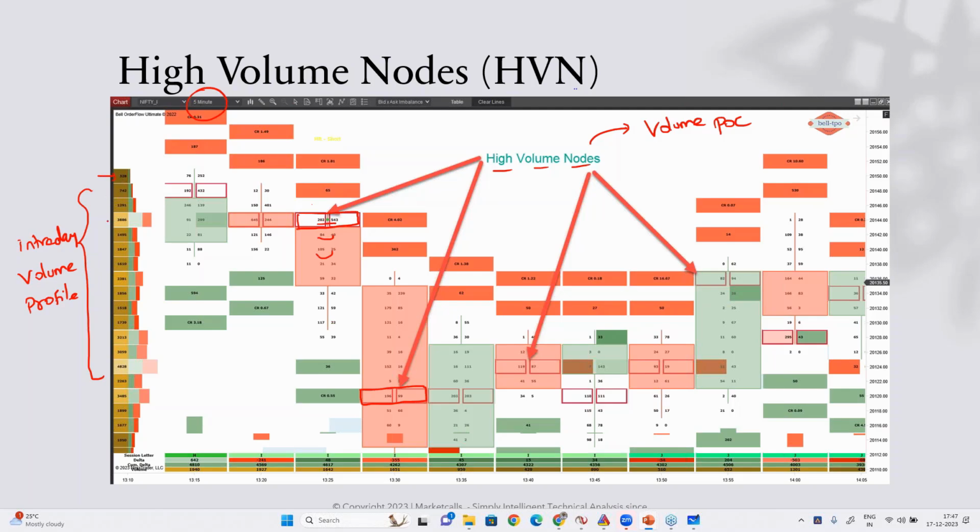So these numbers are the intraday volume profile. And it also gives the bifurcation of how many of them are buyers and how many are sellers. It doesn't give a number, but gives it in terms of percentage, how many are buyers and sellers. It gives it in terms of a histogram.